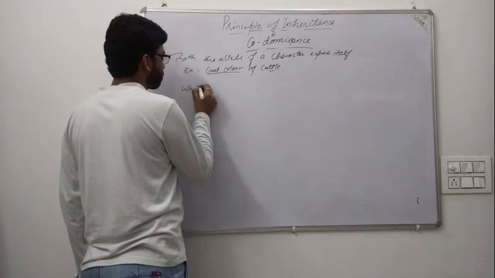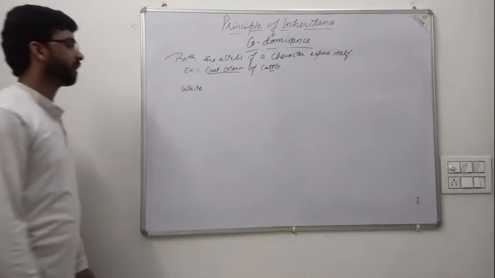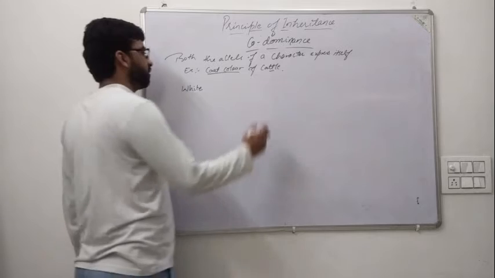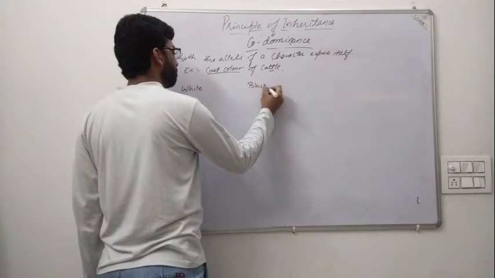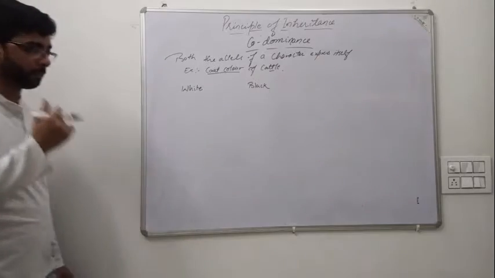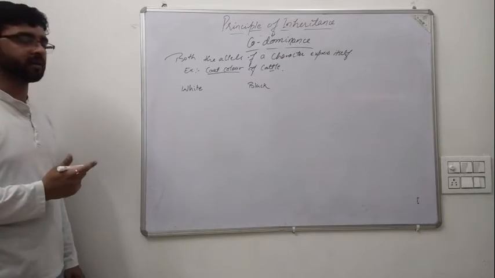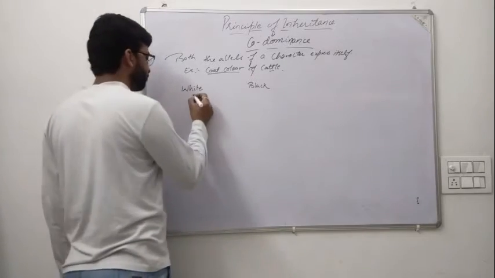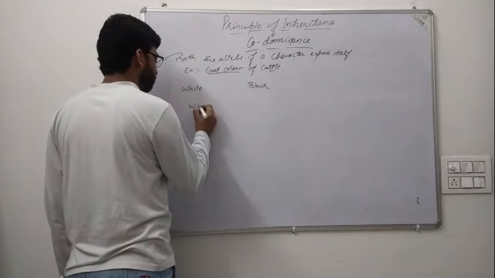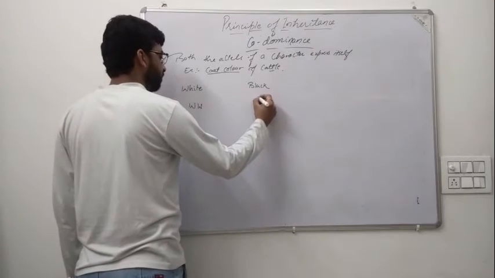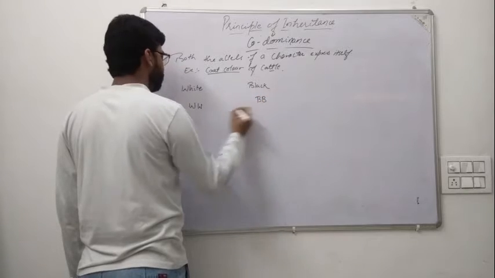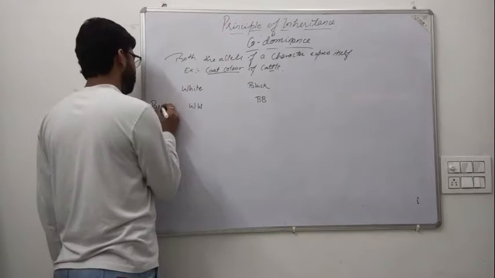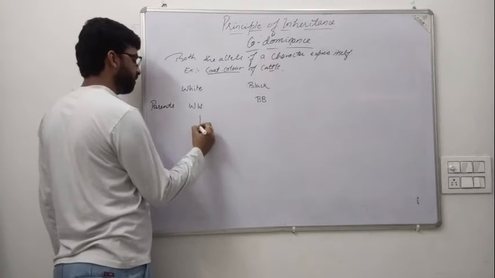A white color coat cattle is crossed with a black color coat cattle. Then we write the genotype for this. These are the parents, as we did.